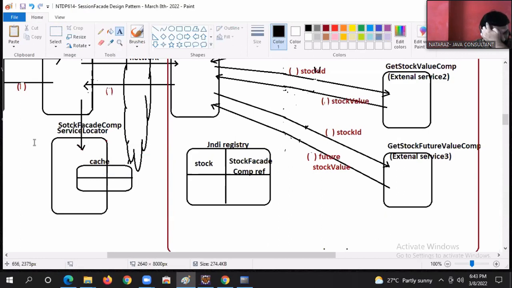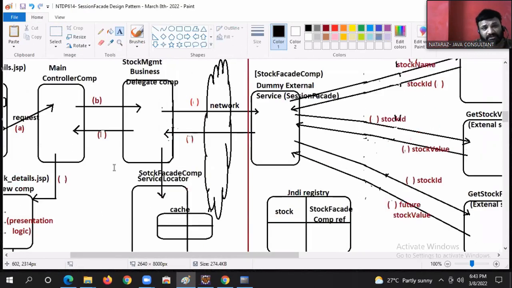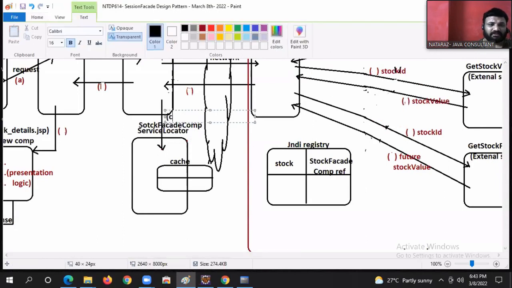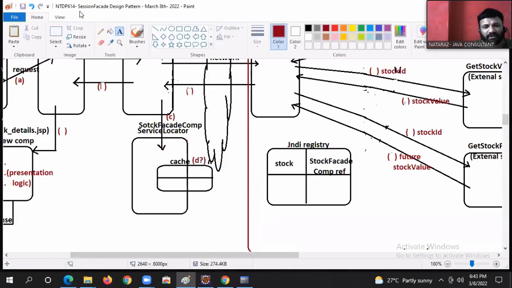Tell me here what is the number? Yeah, B, C here. See here, D. Searching. Not there. So now it makes the service locator talk to the JNDI registry.